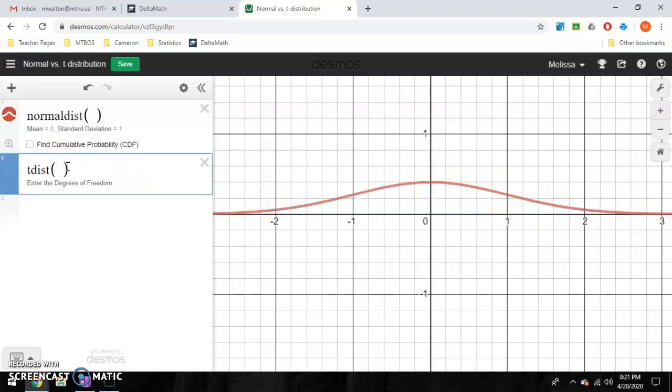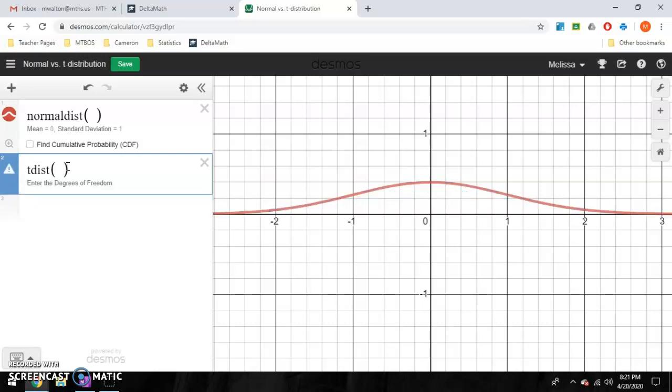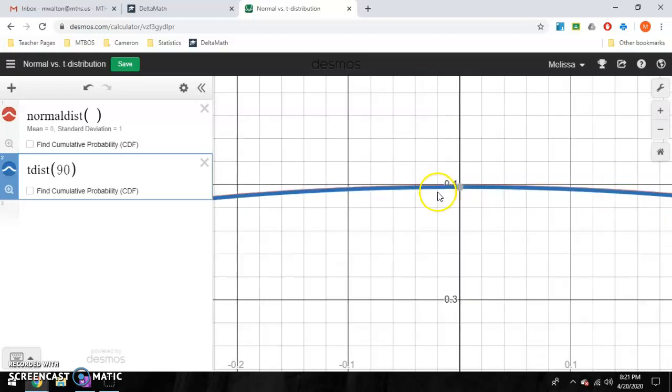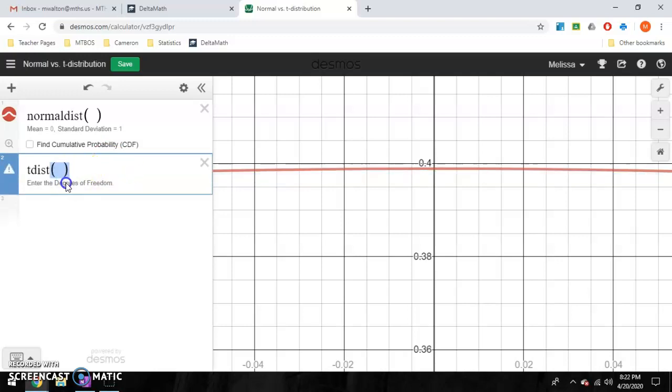And as I increase the number of degrees of freedom, it gets closer and closer and closer to the normal distribution. It's still not exactly the normal distribution. If you zoom in real close, the t-distribution is still a little bit underneath it. But the t-distribution changes depending on degrees of freedom.